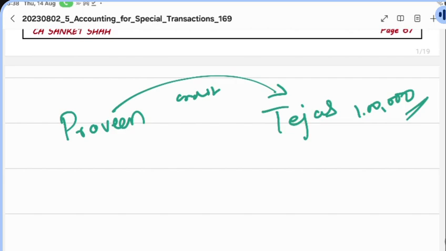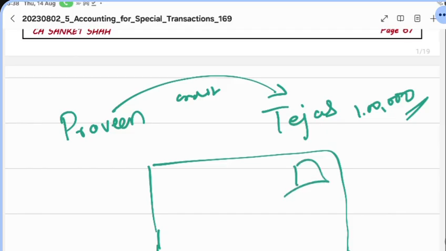Okay. In order to secure this amount, or in order to convert this into an instrument of credit, what I do is I draw a document called a bill. And this bill will be properly stamped.